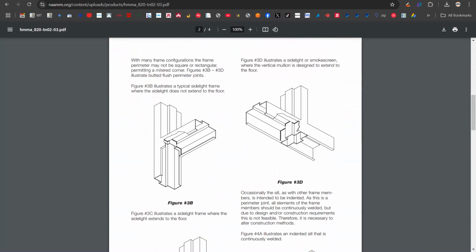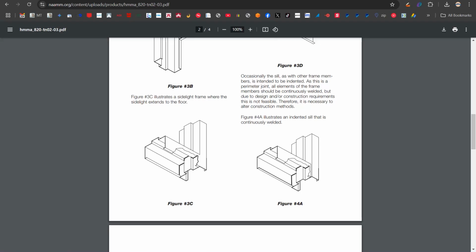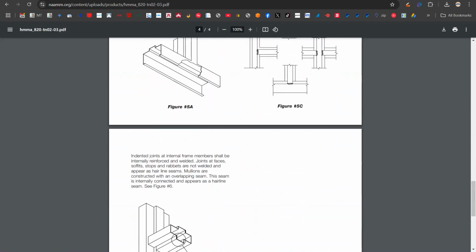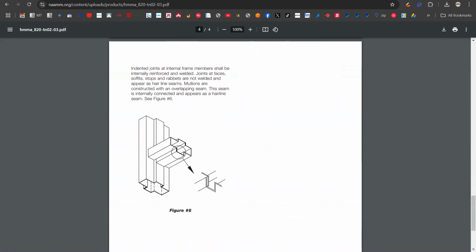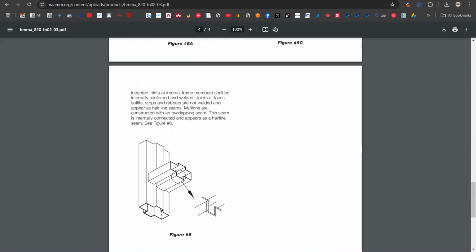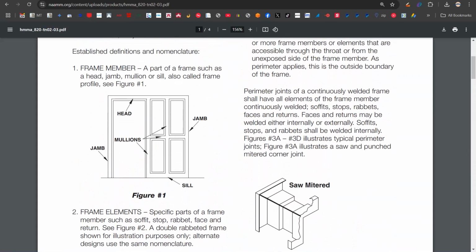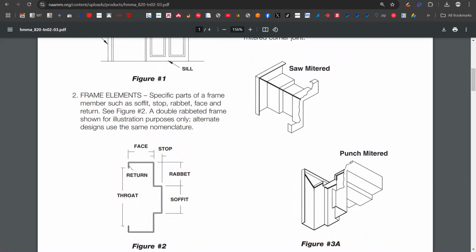But in this document, I suppose the point of referring to it is that they do give you different ideas of different frame members in context of how they're welded together. But nonetheless, as we go through this document, you can see where SDI is getting their drawing from. And if you were to talk about how to weld the frame, this would be a good document.